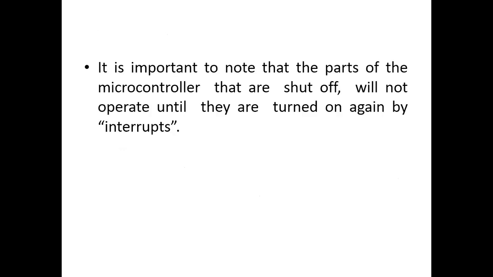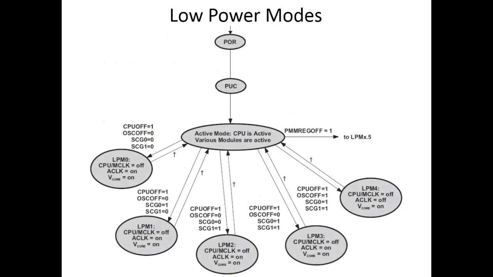To shift from one mode to another, interrupts are needed. Because of interrupts only, they may be moved from one mode to another. If you observe the low power modes again, for each low power mode the four status flags have different values.